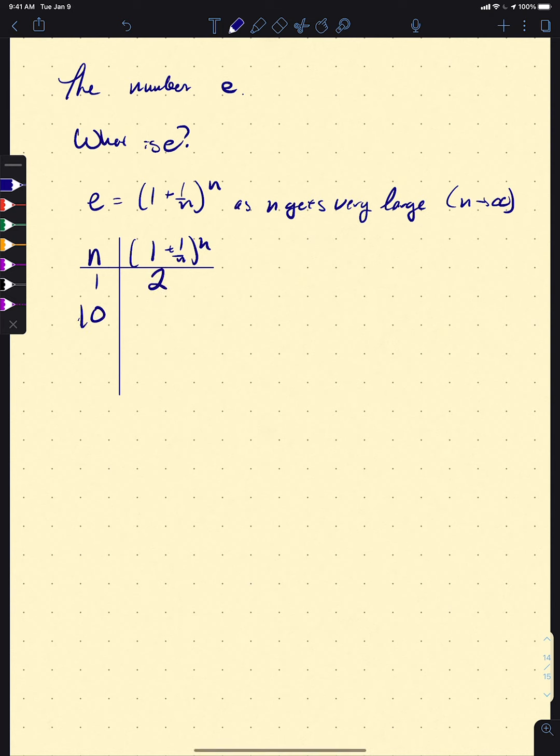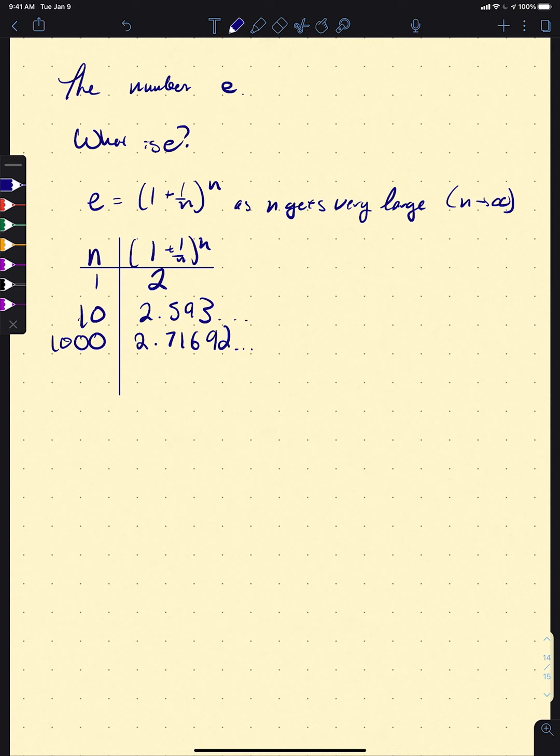So we plug in 10, and we're going to get about 2.593 or so. These are all fairly rounded. We plug in 1,000, multiply by 10 again, we're going to get 2.71692 and so on.